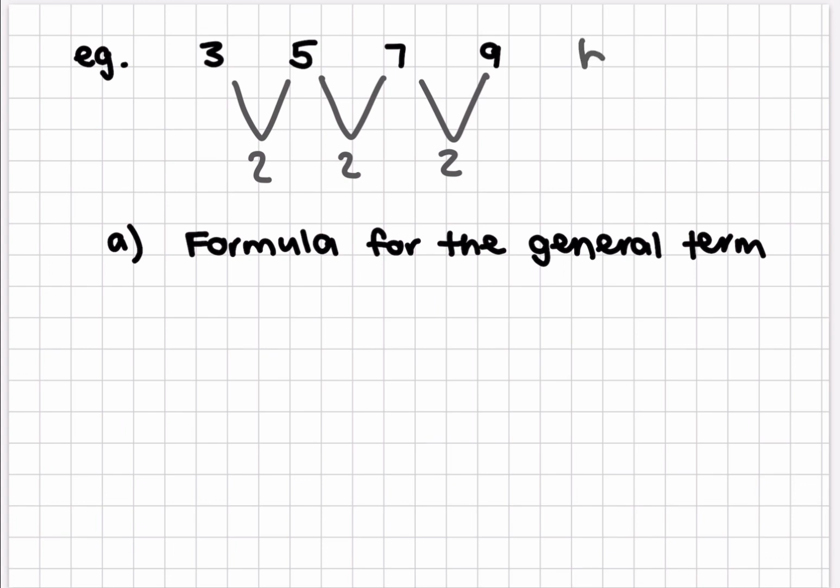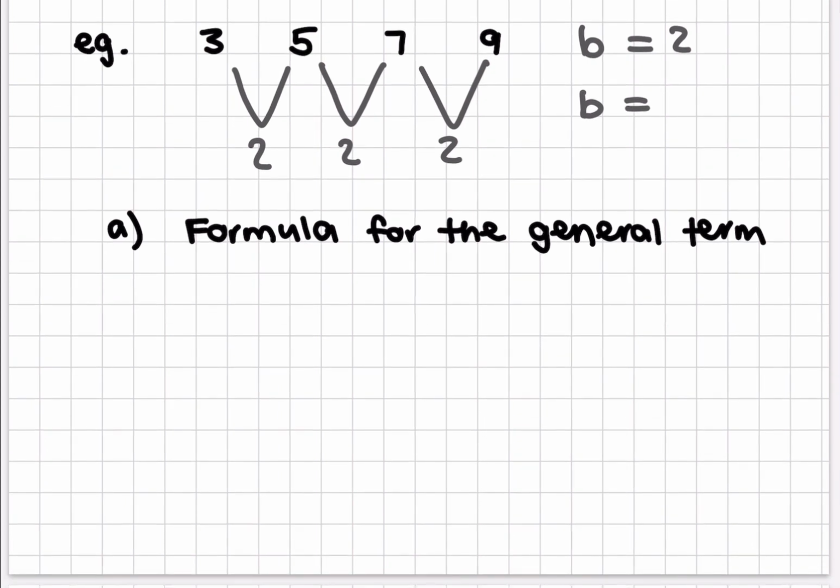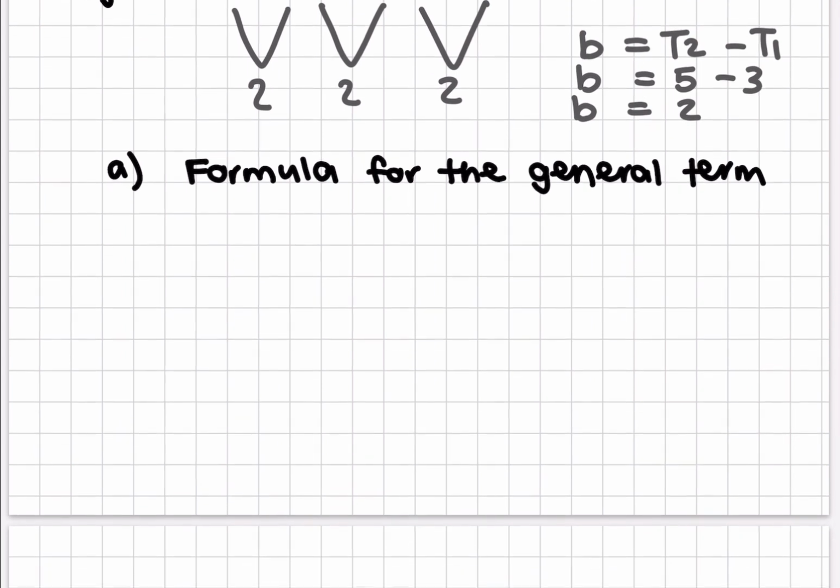So we can see through observation that b is equal to 2. If your teachers want you to calculate everything, then do calculate it: b equals 5 minus 3, b is equal to 2. That's how we calculated the constant difference.